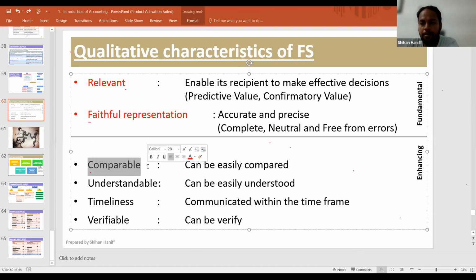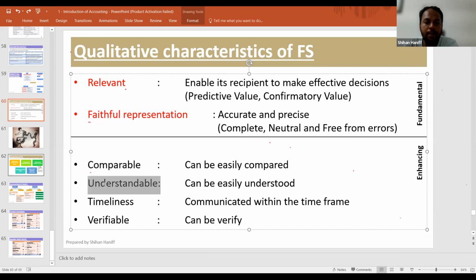Comparability. You should be able to compare this year's financial statement with the previous year's financial statement. And also, we should be able to compare our financial statement with a competitor. Right? Dialog, Mobitel. Compare.